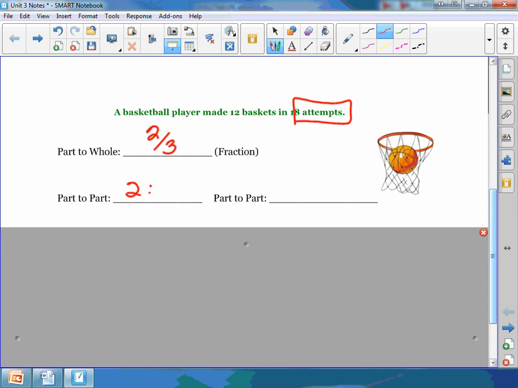Tell me how I could take my part to whole ratio and get my part to part ratios. Because before I get to that, what would be the other part to part ratio? This was make to miss. Mara? 1 to 2, you said? Yeah, 1 to 2, miss to make. Okay?